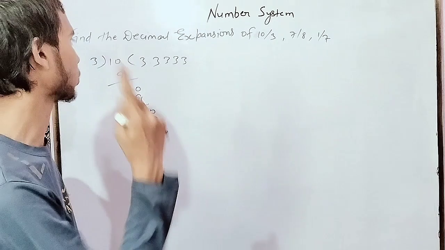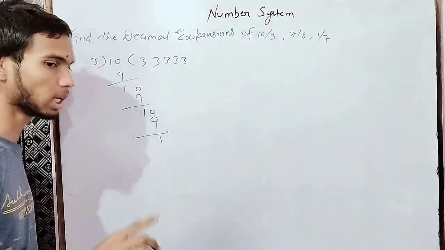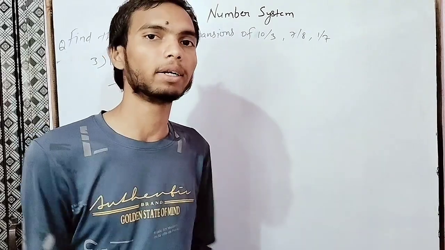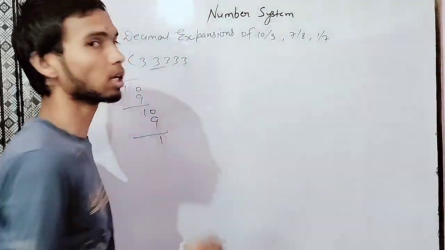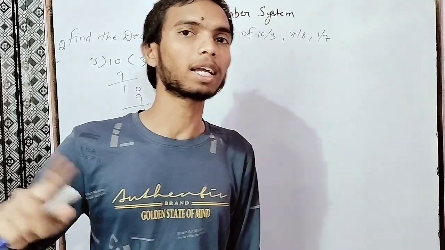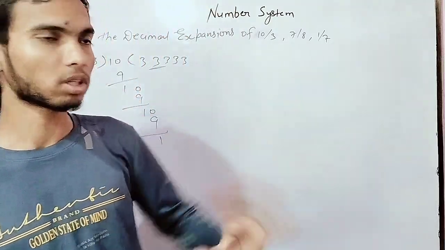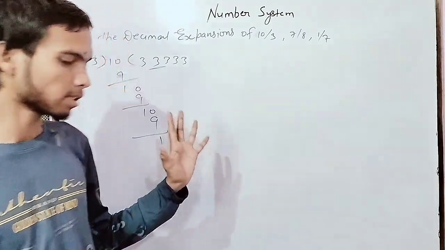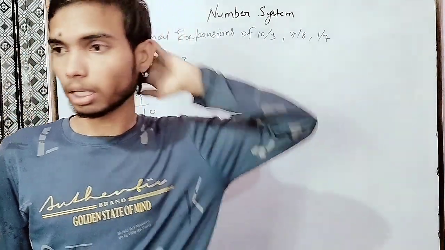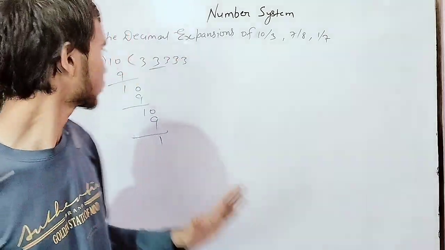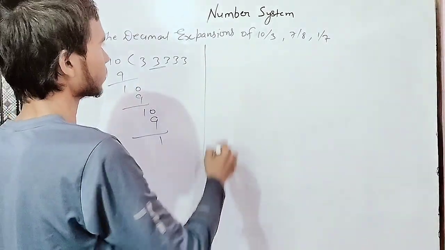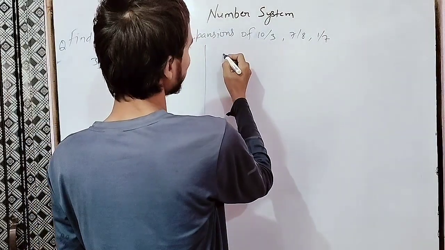This will never end. So here 3 is a repeating number. After the decimal, 3 is a repeating number. 3 is a repeating number.